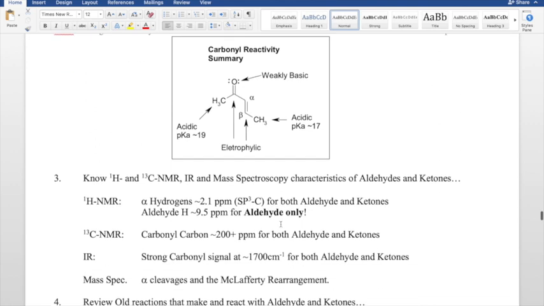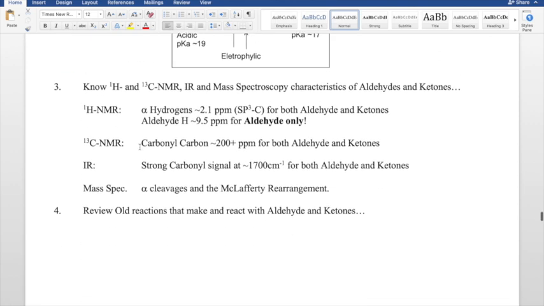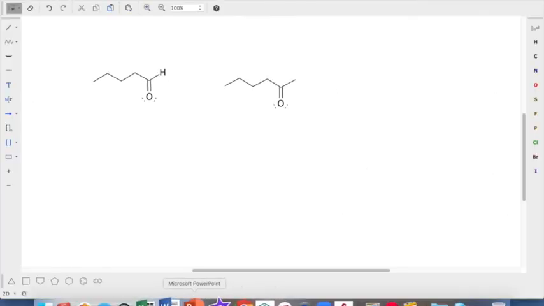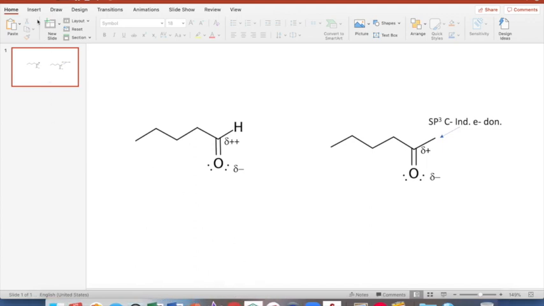Before we get into that, though, let's just review really quick. Aldehydes stand out. Aldehydes and ketones both have the alpha carbons around 2.1-ish. But the aldehyde has a 9.5, so let's look at this guy. On the proton NMR, this guy has a signal at 9.5 parts per million.